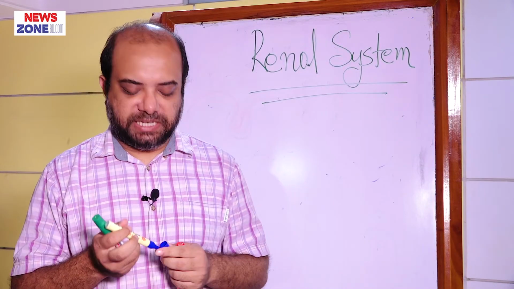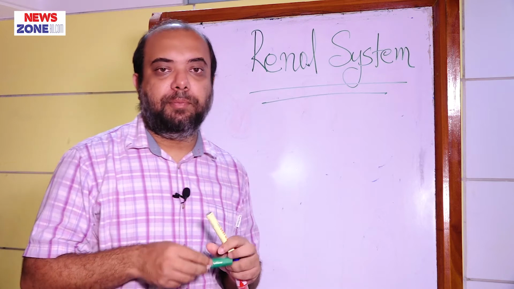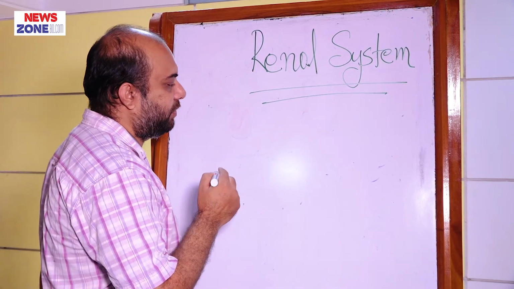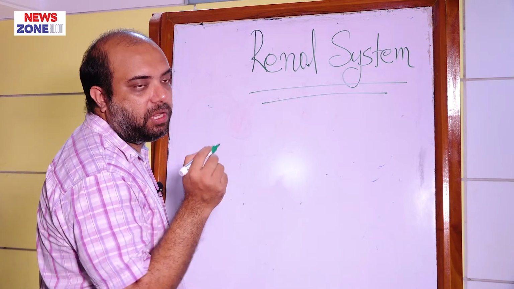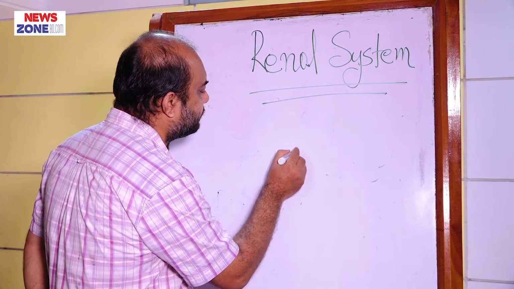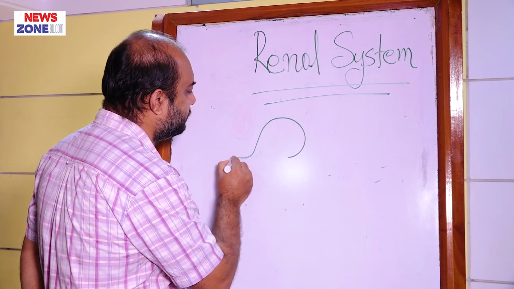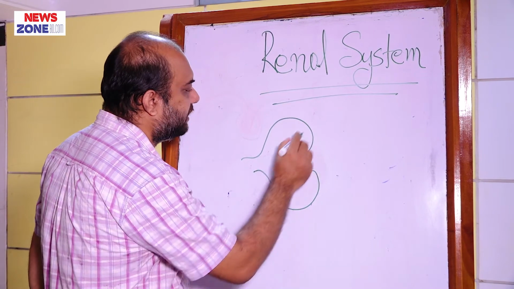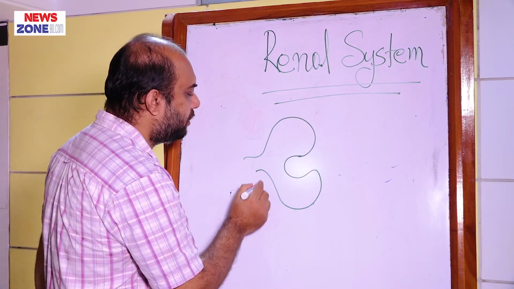draw an easy picture. It will help you understand this juxtaglomerular apparatus. First of all, I will draw a nephron. This is Bowman's capsule.